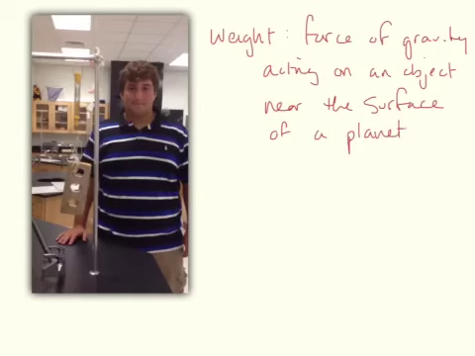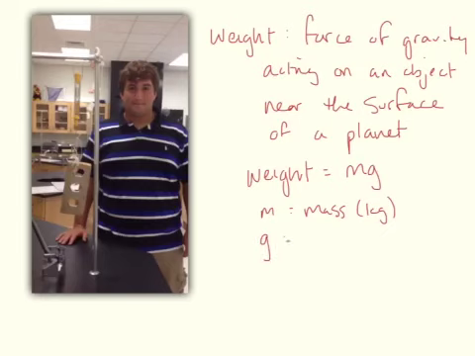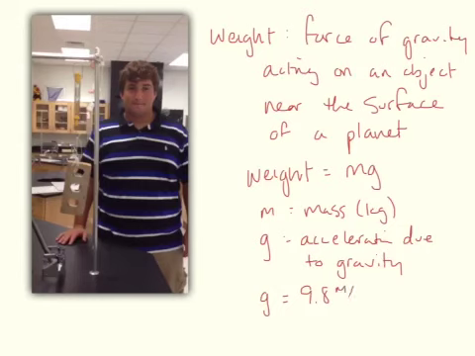The way that we can always calculate weight is that weight equals mg, where m stands for the mass in kilograms, and g is the acceleration due to gravity, and on Earth g is 9.8 meters per second squared, or 10 meters per second squared.